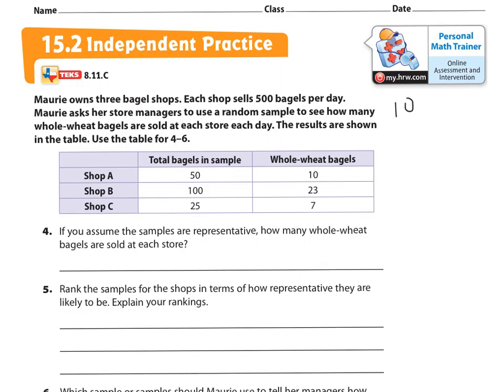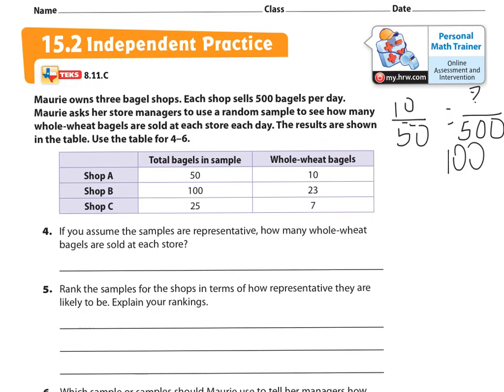So we're going to set up the proportion 10 over 50, set it equal to our unknown over the 500 total bagels. And we're going to solve that proportion. So if you remember, you're going to do 500 times 10, divide it by 50. And that gives you 100.